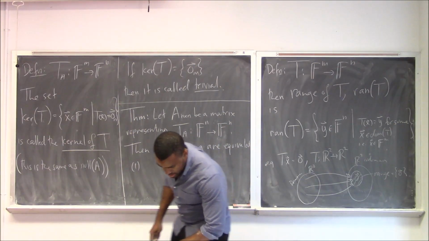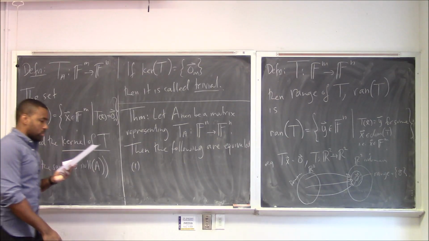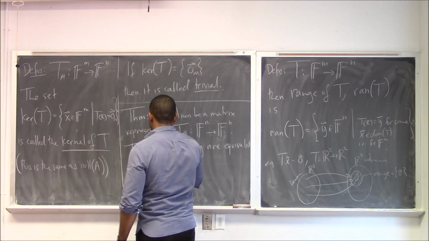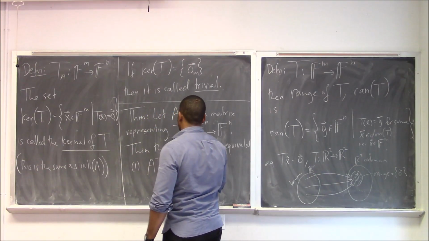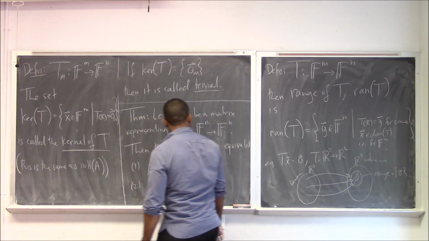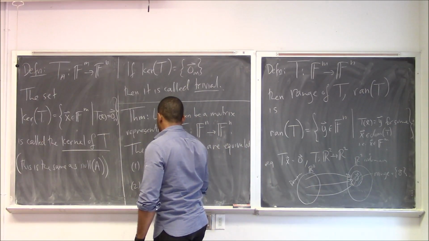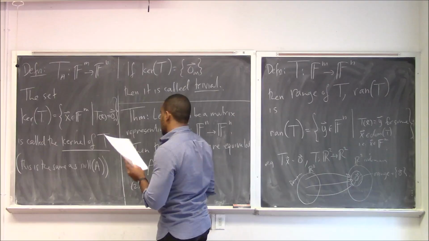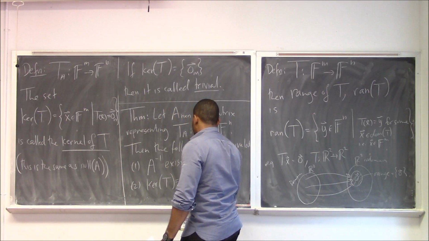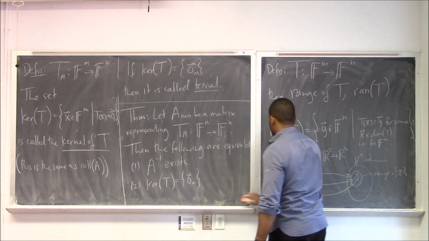We're going to connect here the inverse, the kernel, and the range to the fact that it's 1-to-1. 1. A inverse exists. 2. Knowing that A inverse exists tells you the kernel of T is only the 0 vector. The kernel is trivial if the inverse exists.